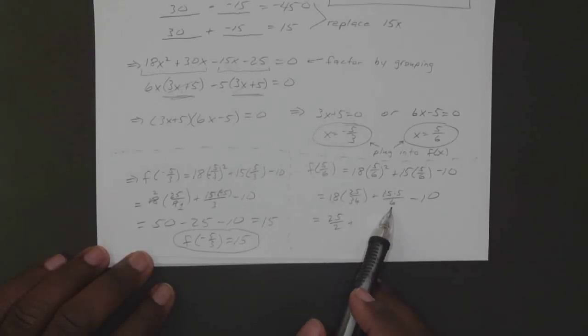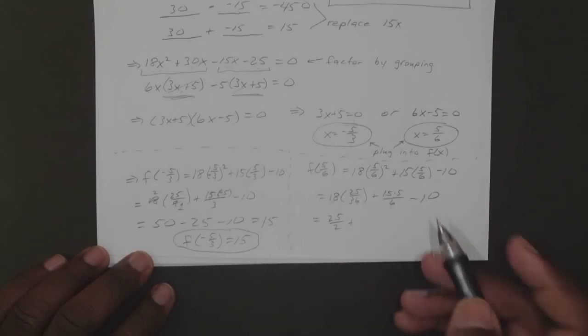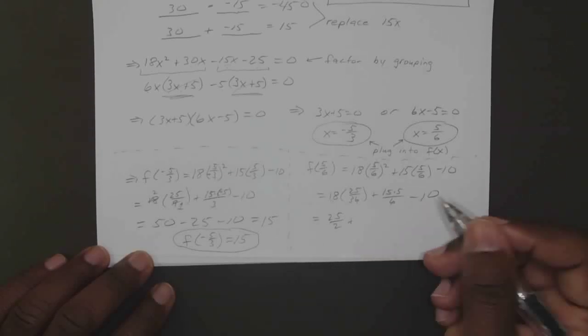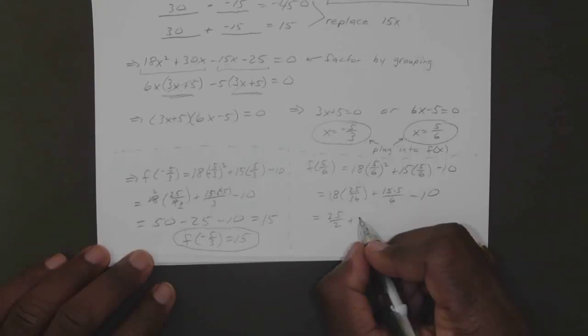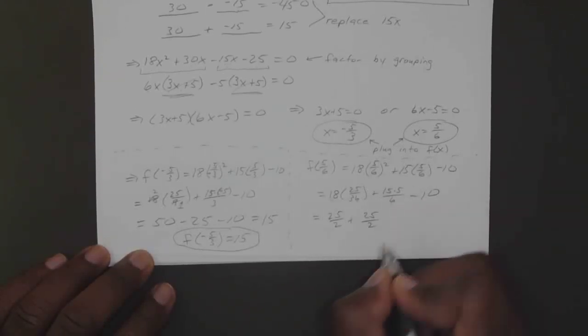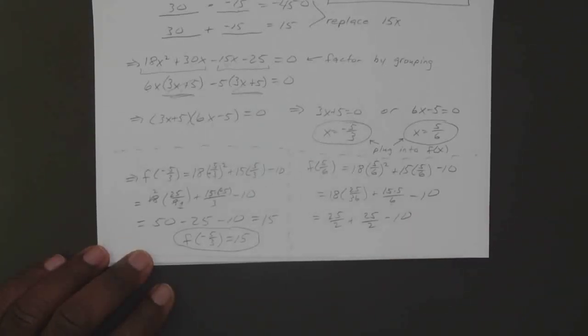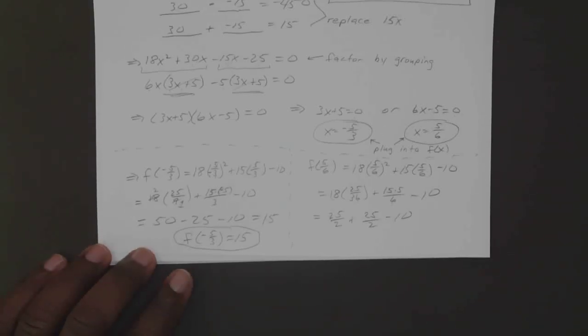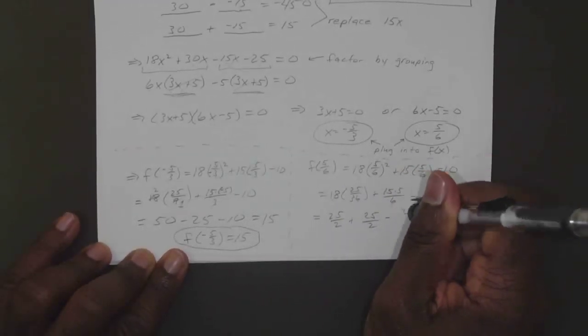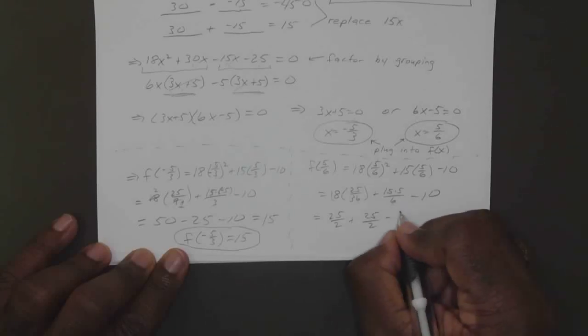Plus, you can actually divide both of those by 3. So you end up with 3 over 2, so you have 15 over 2. Nope, 25 over 2, sorry about that. Minus 10, where you can make that 20 over 2 if you wanted to, just to get like denominators.